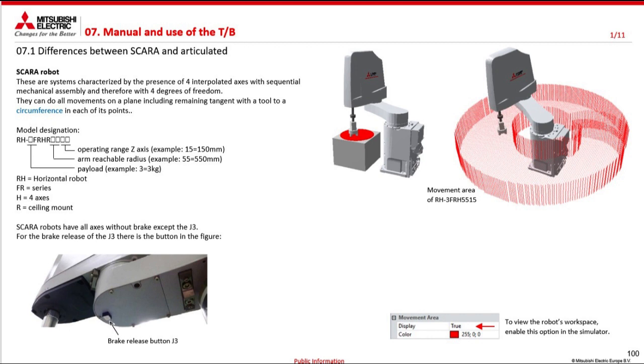The presence of the H identifies the presence of four axes, and the R, if present, identifies ceiling mounting. As already mentioned in the previous modules, in the Roboscara all the axes are without brake, with the exception of axis 3. For releasing the brake, there is this little button that you see in the figure.